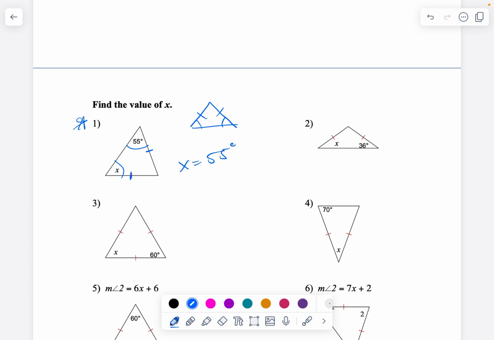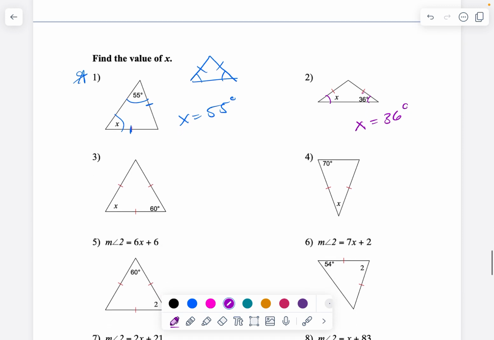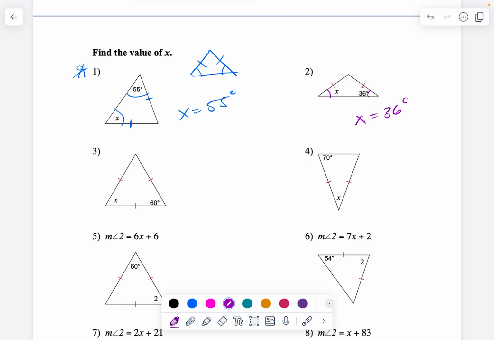They have to be congruent. Similarly, this one here, if those sides are congruent, it means these base angles are congruent. So x has to be 36 degrees. For number 3, notice all the sides are congruent, which means all the angles are 60 degrees. So x is 60 degrees.